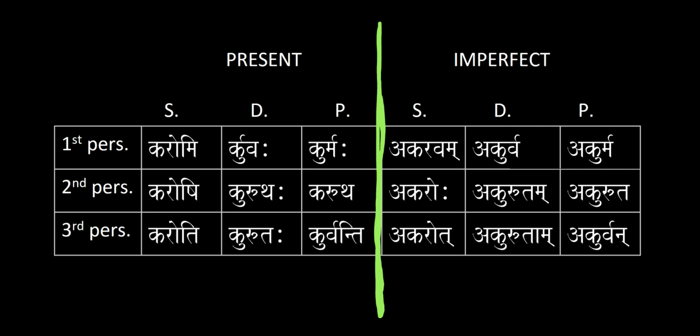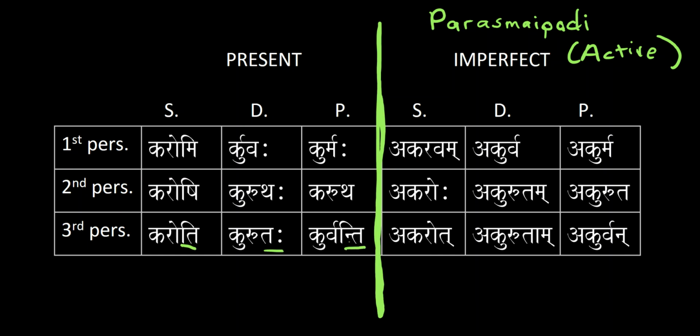Now, although you're not given the instructions on how to form the verbal base for kri, which means to do, you can still tell that this verb is in parasmaipada, and you still know that this is in the active voice. Why? Because you still have your ti, taha, and anti for the present tense.